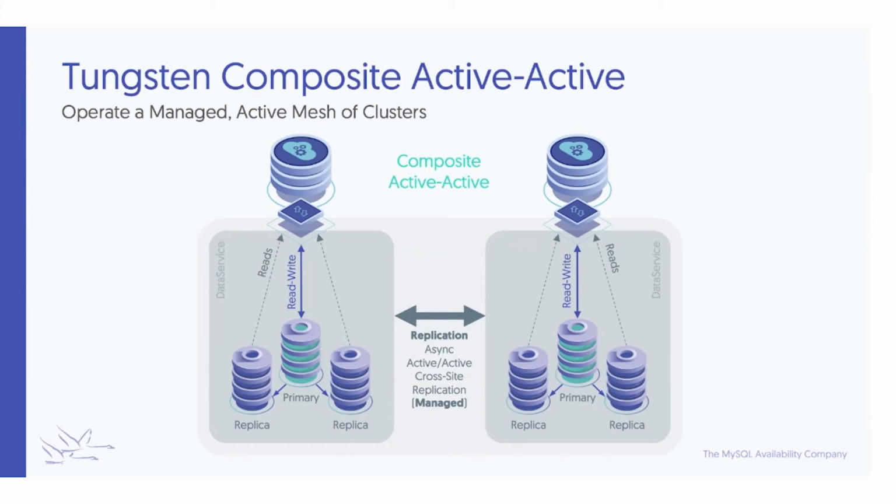We are not waiting for the database to acknowledge that we received a replication event and slowing down the user application, like maybe some synchronous replication technologies would do. It's also managed as part of the manager process that we saw before. And we can deploy as many of these clusters as we want, say 3, 4, 5, all around the world, all replicating to each other, but users are using the site closest to them for the best performance.